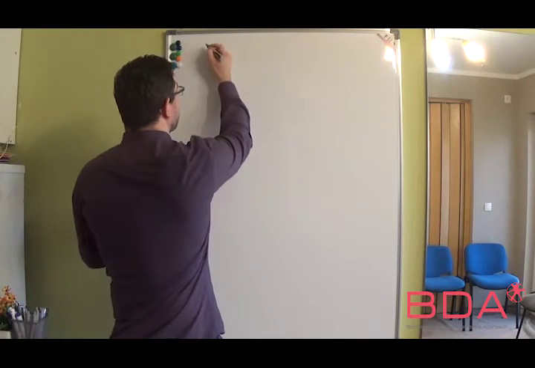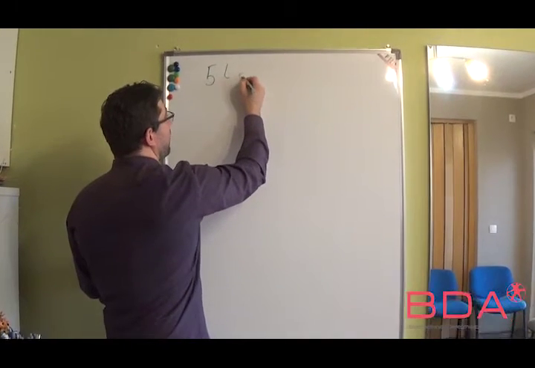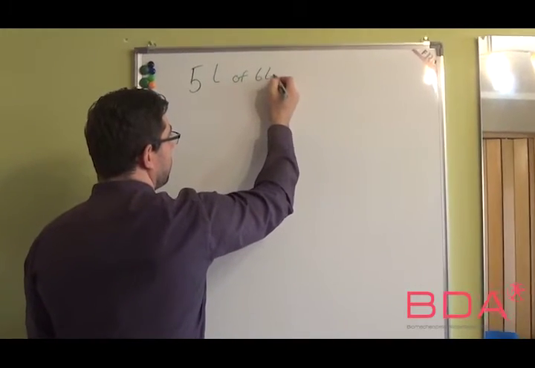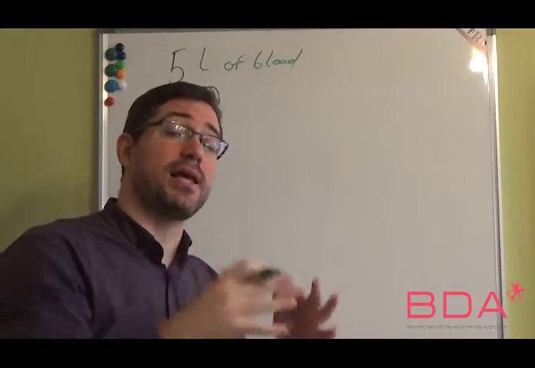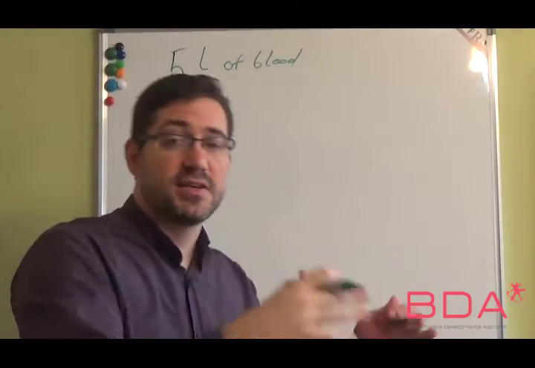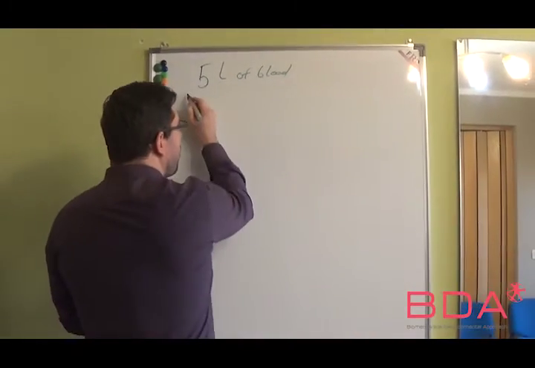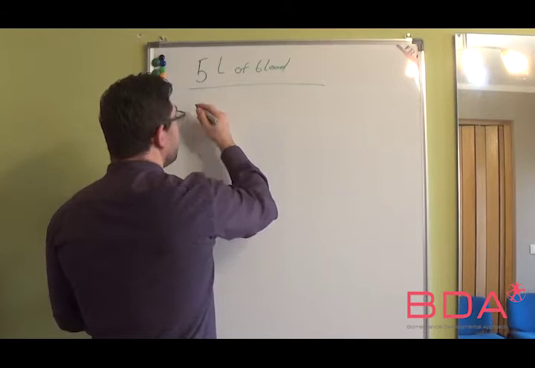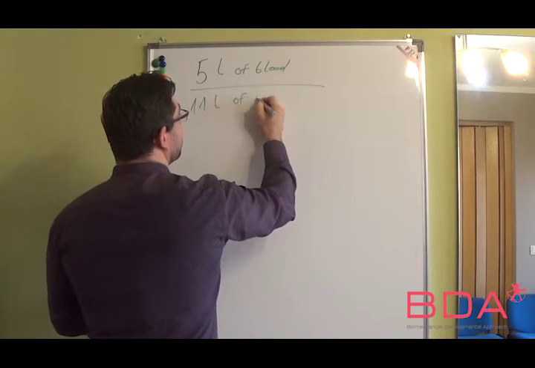You see, in the human body we have about 5 liters of blood. This blood is contained inside of the blood vessels: arteries, veins, and capillaries. At the same time, we have about 11 liters of interstitial fluid.